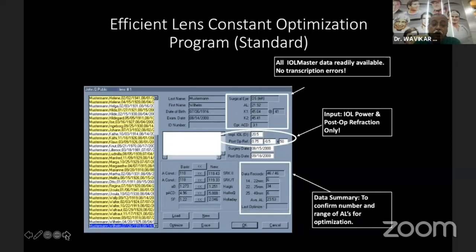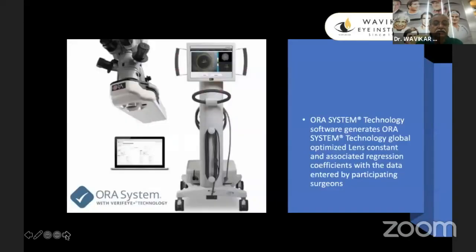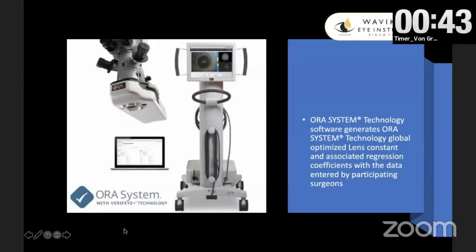You get a summary of how many cases and what the range of axial length is which is being used for optimization, so that you can optimize it for different axial lengths. Then at a time, all lens constants are simultaneously updated. That means you can use Haigis or Hoffer Q, SRK/T, etc. Everything is done simultaneously.